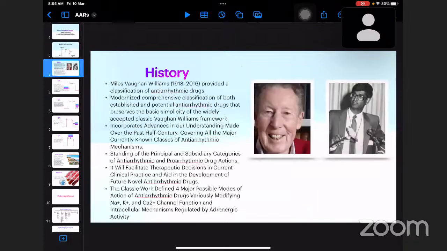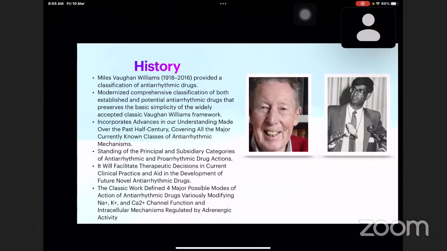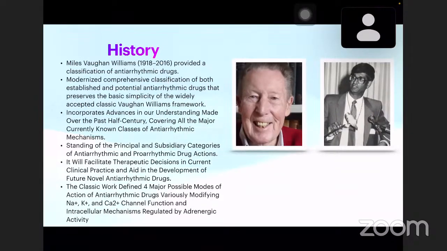This is the cardiac cycle, and the old classification was given by Miles Williams, who studied completely the beta blockers' mechanisms and anti-arrhythmic activities, and he updated the world about beta blocker activity.